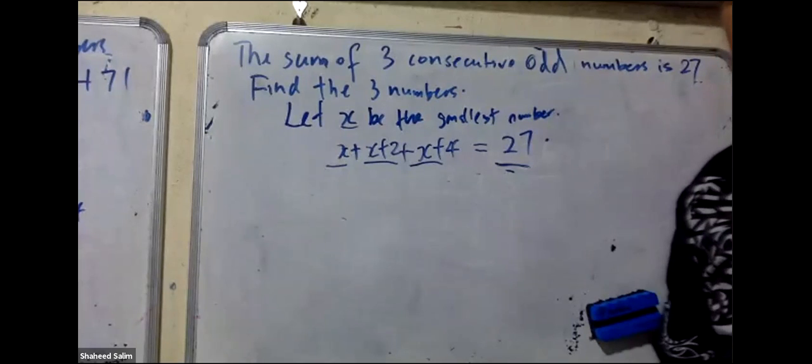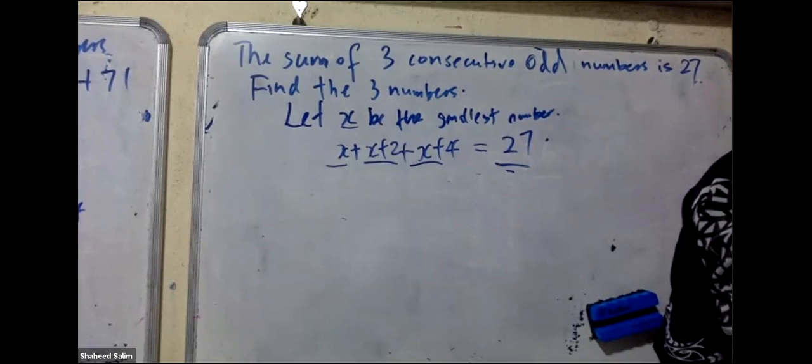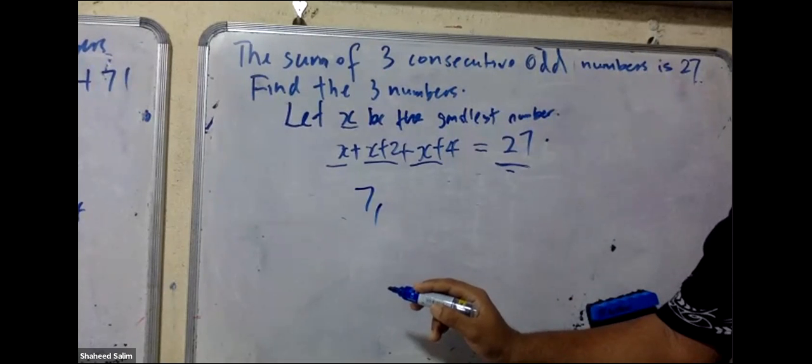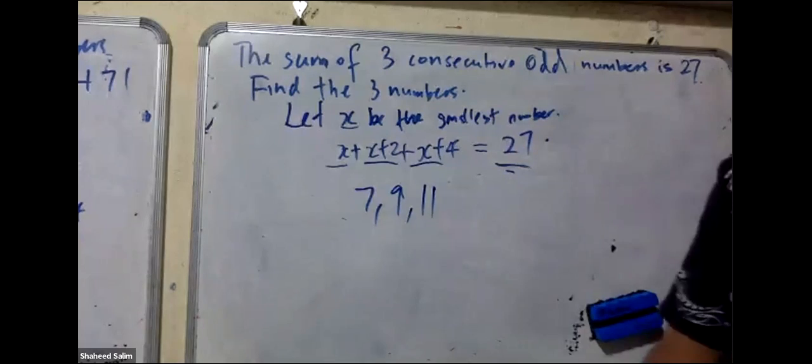What's your answer? x equals 7. Good. So the three numbers are 7, 9, 11. Okay, good. So you know how to do this.